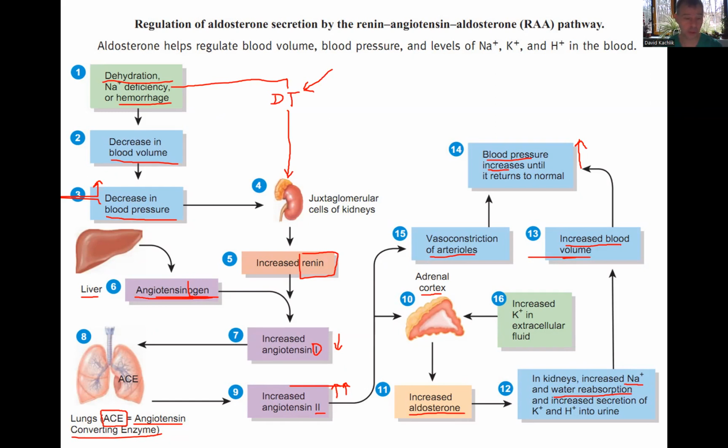Or you can block the ACE in lungs, so angiotensin converting enzyme inhibitors, which are the really best anti-hypertension medicaments. So-called ACE inhibitors are the medicaments of the first choice to treat hypertension.